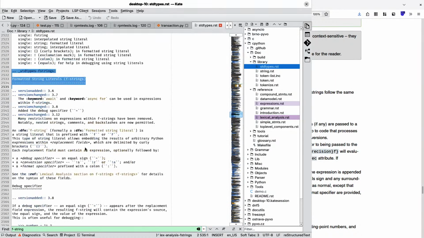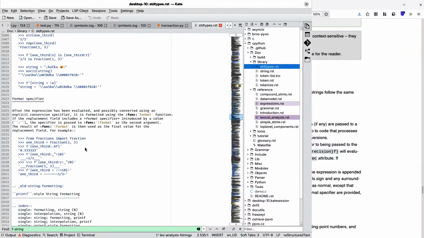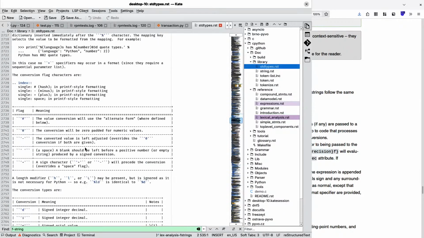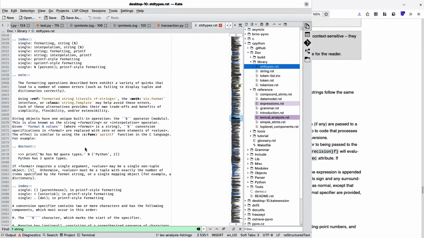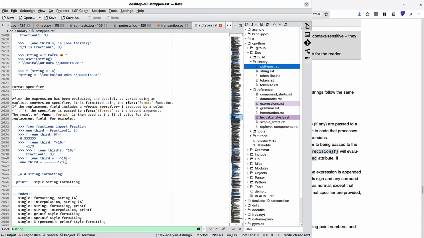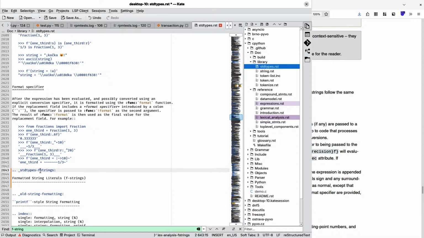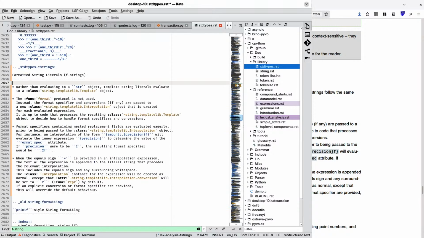Formatted string literals. And template string literals.